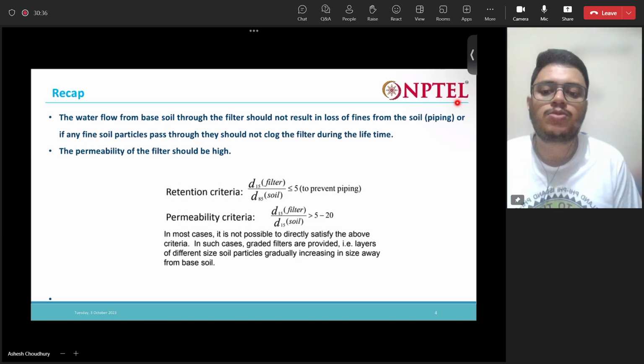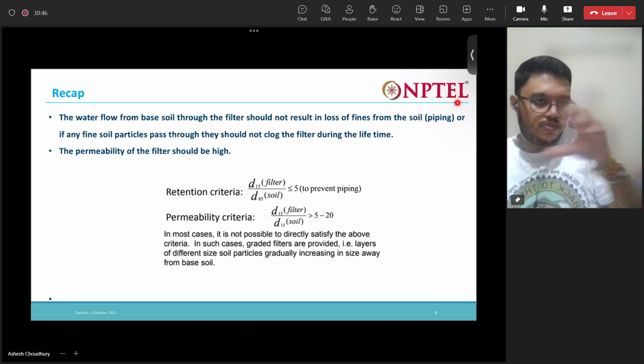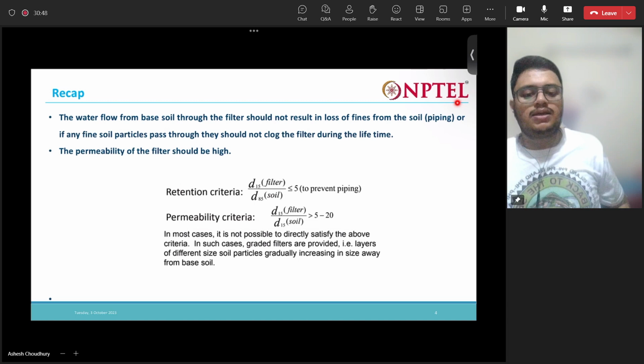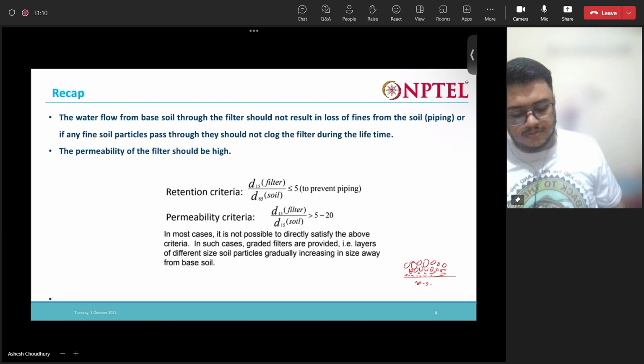Sometimes we have to provide graded filters, layers of different soil particles in increasing size. Say this is the base soil, and the loss of this we have to prevent. So here it will be fine, then a little bit larger particles, and a little larger, and larger. Like this we can make a graded filter with soil layers.